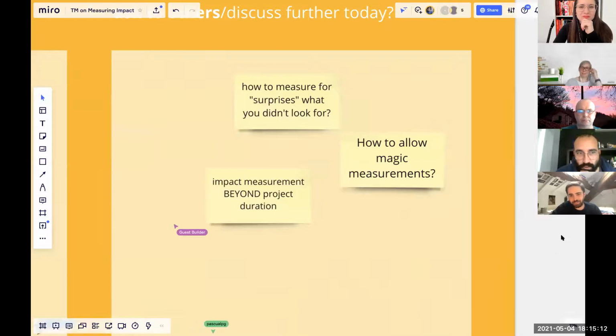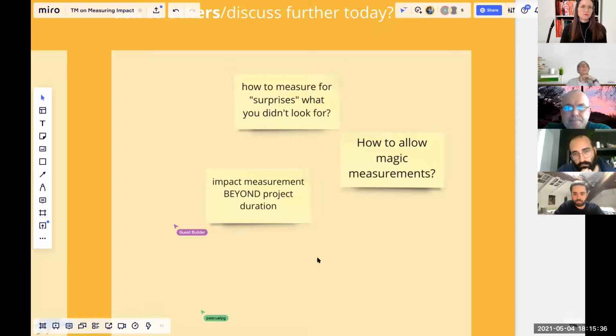Yes. What we mean with surprise and magic measurement is how can you measure something that you were not envisioning before. So let's say that out of your scope of work, there is maybe a strong friendship or even a business partnership that is created among the participants, but it's not something that you were thinking about when you started measuring everything in time.